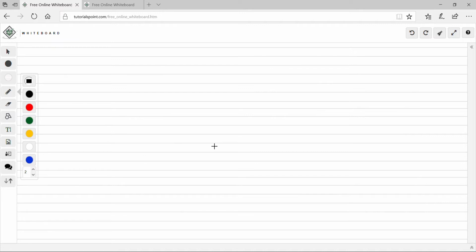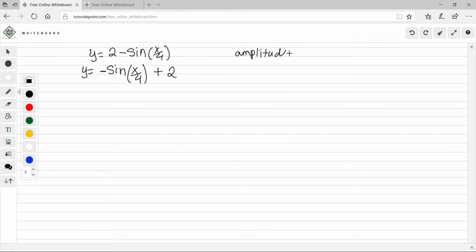Our next problem is y equals 2 minus sine x over 4. What I'm going to do is rewrite it as y equals negative sine of x over 4, plus 2. So our amplitude is the absolute value of -1, right?